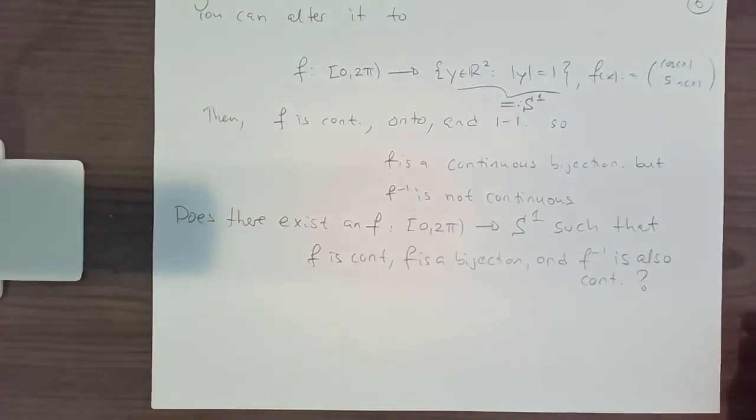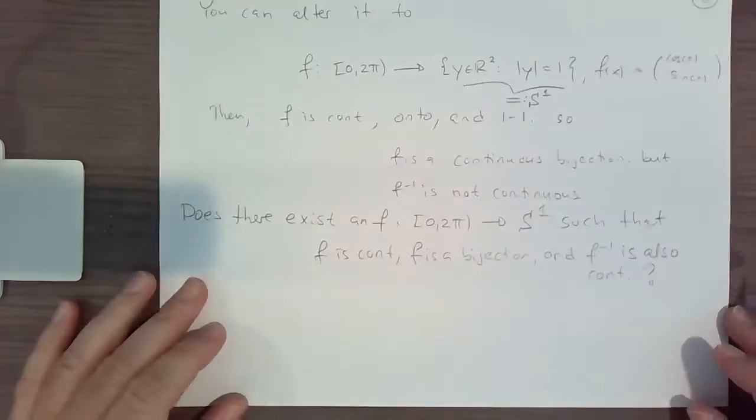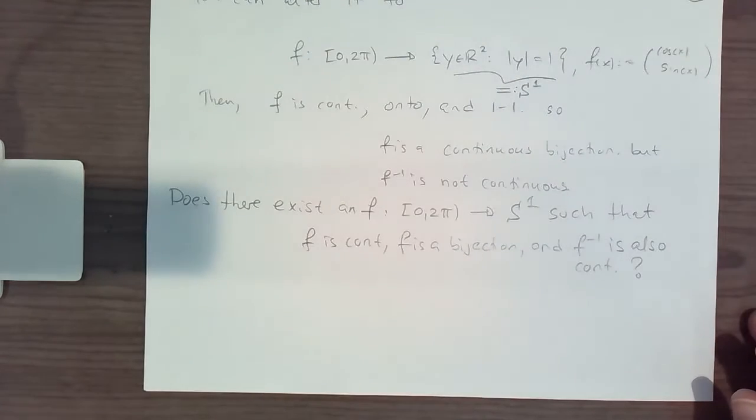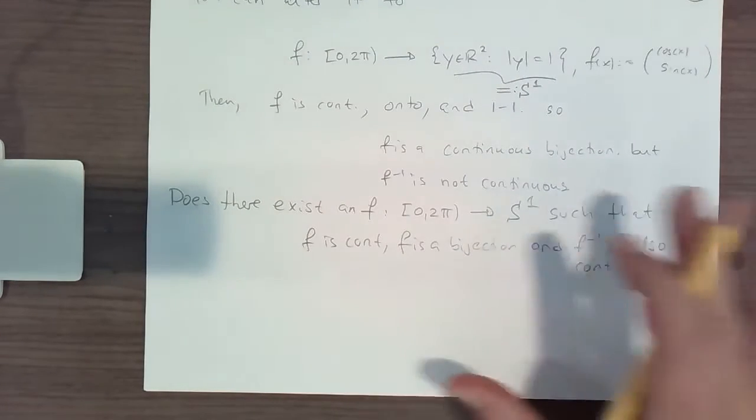I'm sensing this is what Priya is getting at. Does there exist a function that has the properties that Priya is getting at? The one we have here does not work. But does there exist one that does work? This is getting a little bit advanced. Do we understand what's going on?